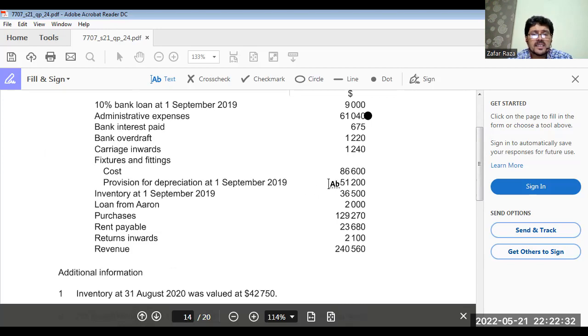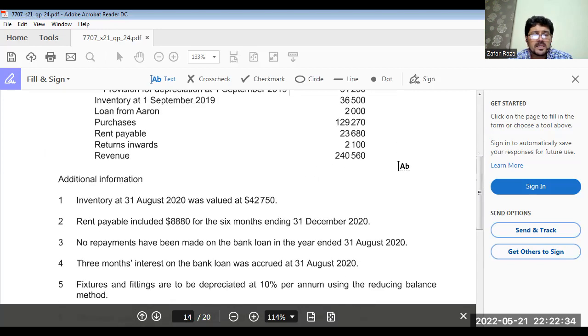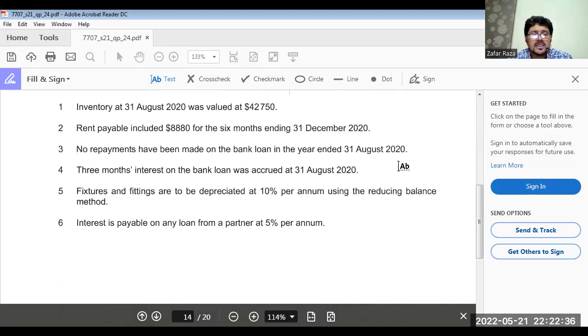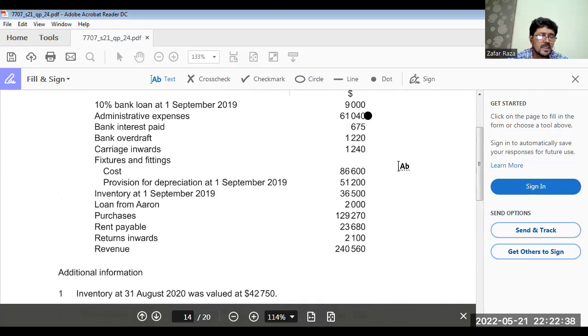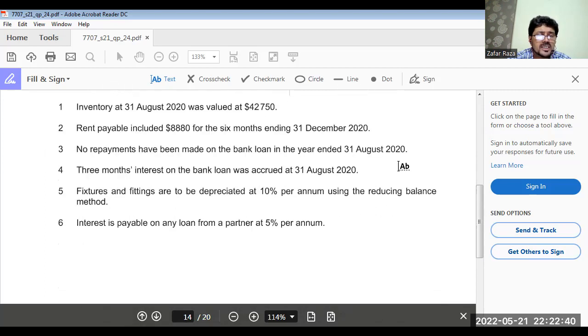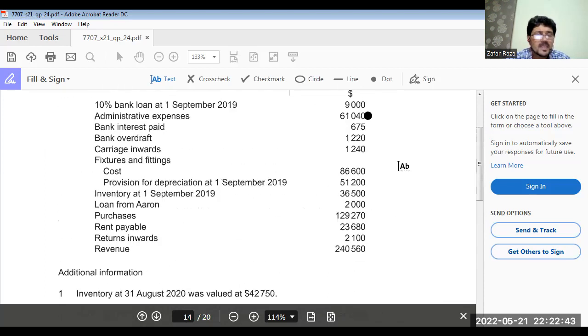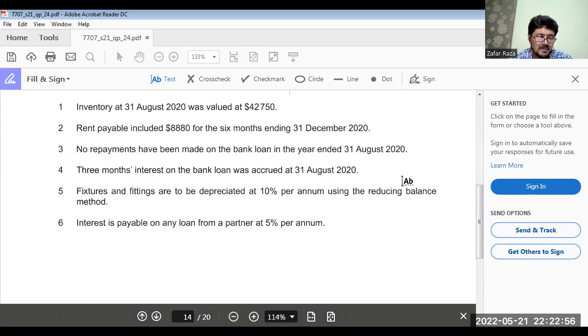Fixture and fitting and depreciation. Just take out depreciation of fixture and fitting, 10% using the reducing balance method. There is no change in the non-current asset during the year. So it is 86,600 minus 51,200. The book value is 35,400 and multiply by 10%. 3,540 is the amount of depreciation.